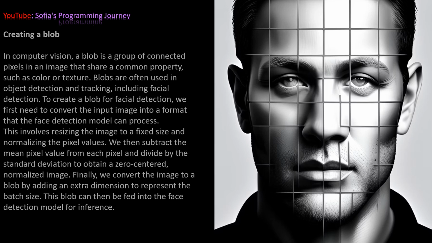This involves resizing the image to a fixed size and normalizing the pixel values. We then subtract the mean pixel value from each pixel and divide by the standard deviation to obtain a zero-centered, normalized image. Finally, we convert the image to a blob by adding an extra dimension to represent the batch size. This blob can then be fed into the face detection model for inference.